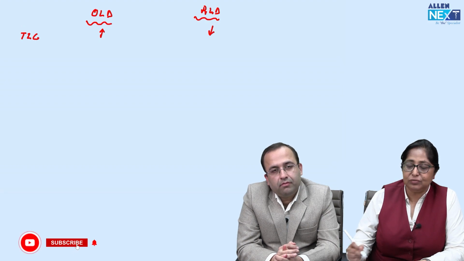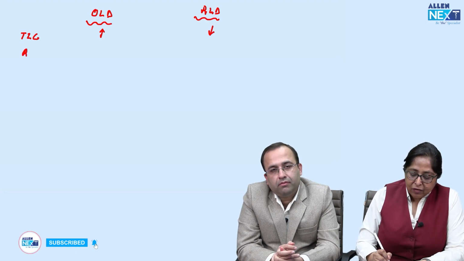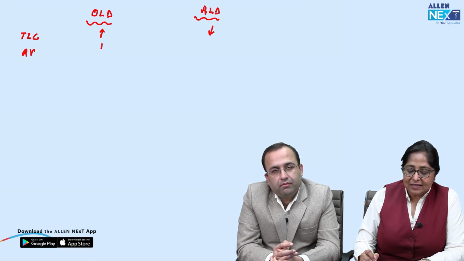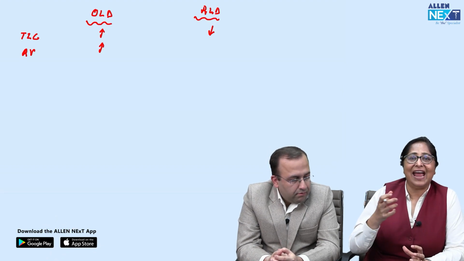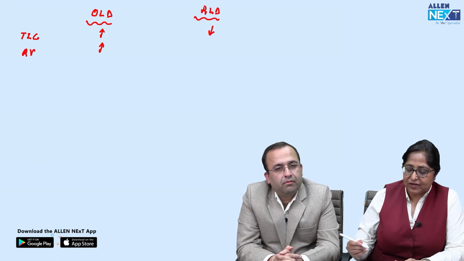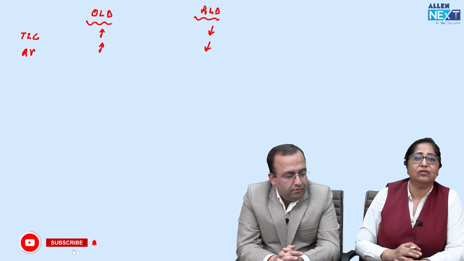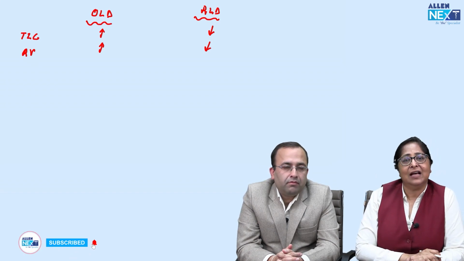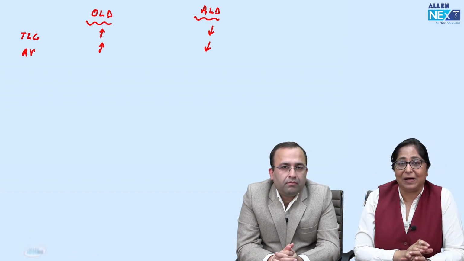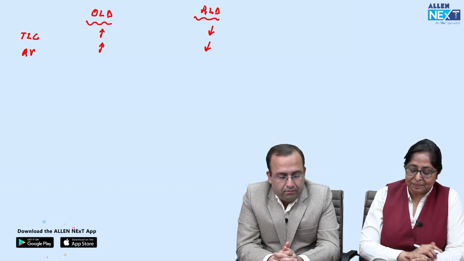Now, when you look at the total lung capacity, it is increased in obstructive, reduced in restrictive. Residual volume, this is increased. There is more air trapping in obstructive lung disease, and this is reduced in restrictive, except in the extrapulmonary causes. I will discuss that with you.